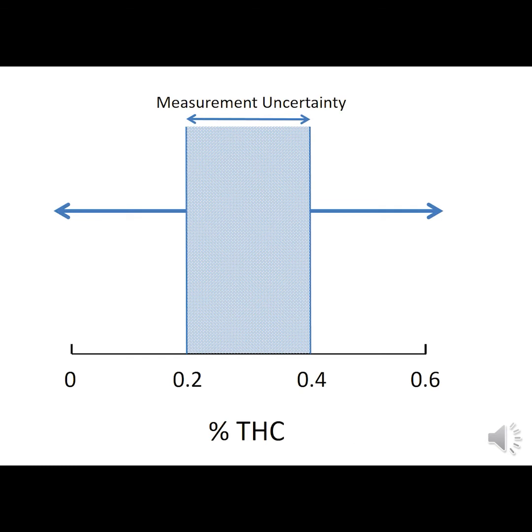Well, if we put that on the graph I showed earlier on the limit of 0.3% total THC being whether something is marijuana or hemp, we have to adjust that graph for measurement uncertainty. In between 0.2 and 0.4%, if a sample was sent to a lab from one state and sent to a lab in another state for regulatory purposes, all these different labs may report slightly different numbers.